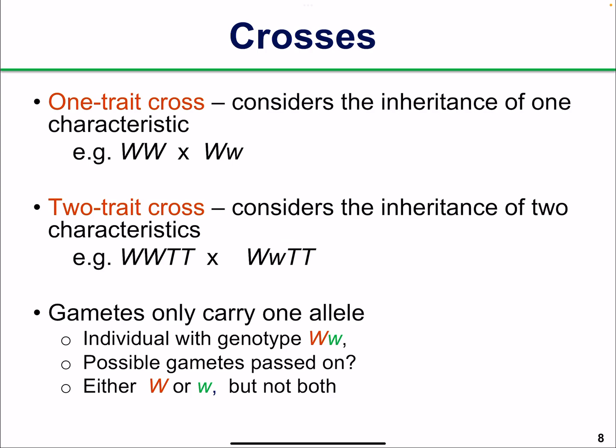Now, how about crosses? What we call crosses is basically when you are bringing together parents with particular phenotypes, particular genotypes, right? You are going to consider individuals with different genotypes, so we're going to ask the following question.